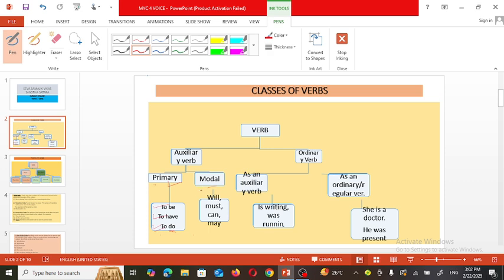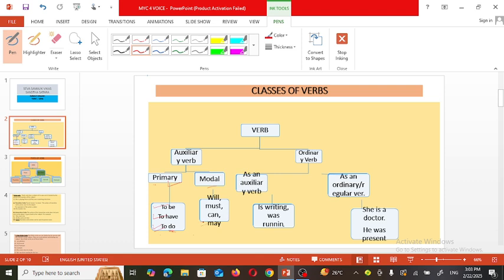Now what do you mean by modal auxiliaries? Modal auxiliaries, we use these verbs with certain intention. For example, suppose we want to request someone: "Will you please help me? Will you open the door? Can I get it?" Or "You must follow the instruction" shows compulsion. To indicate compulsion, we use must.